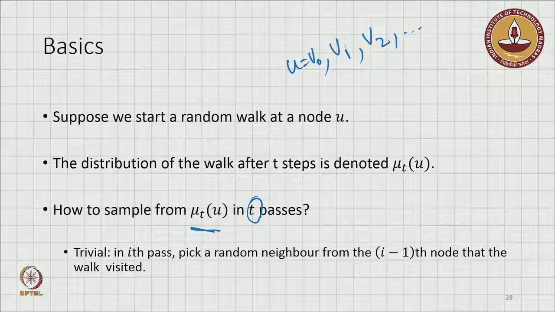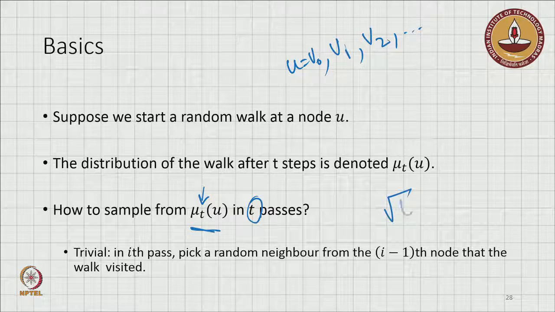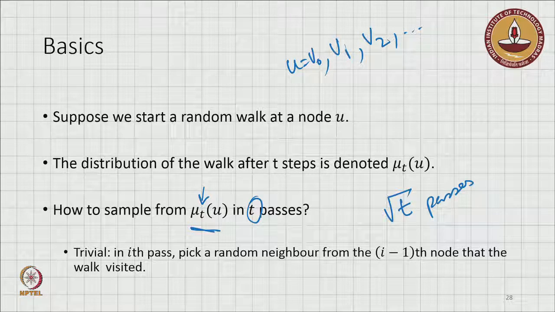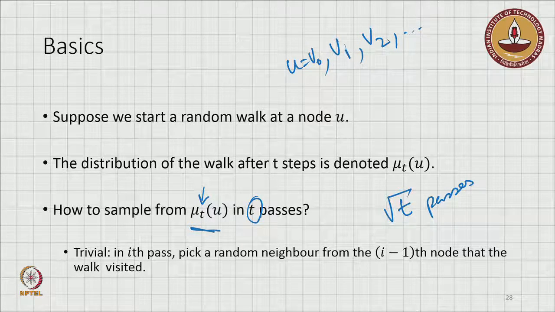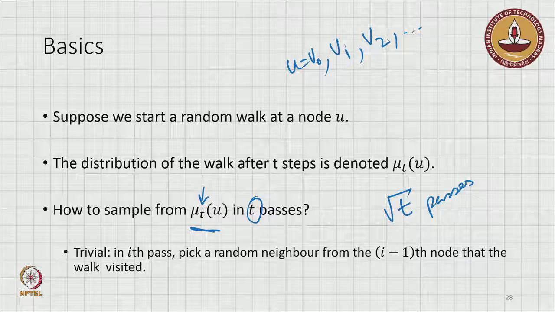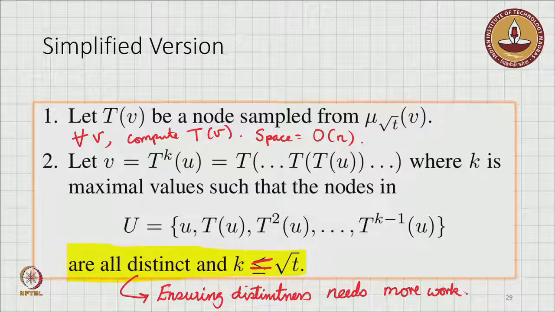In particular, we can sample from mu_t(u) using not t passes, but rather just square root of t passes. The idea is to perform square root of t random walks in parallel and somehow stitch them together. So let's actually look at the algorithm.